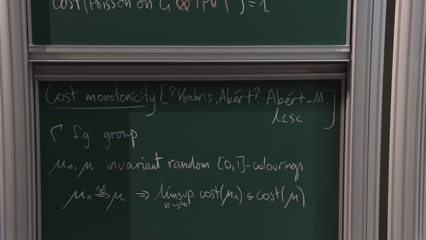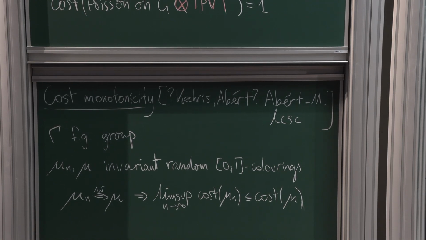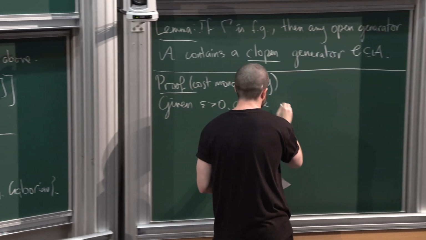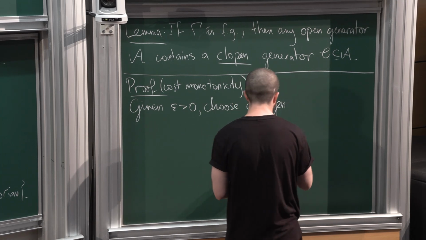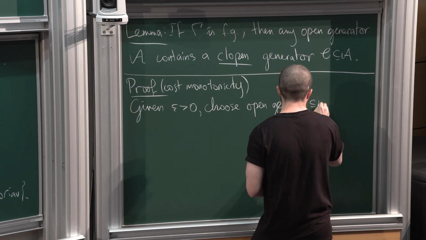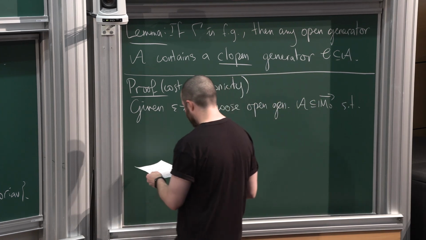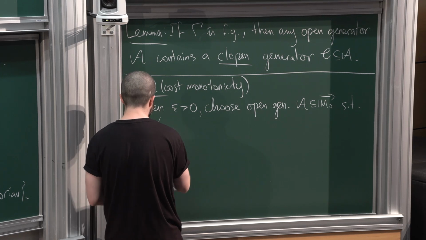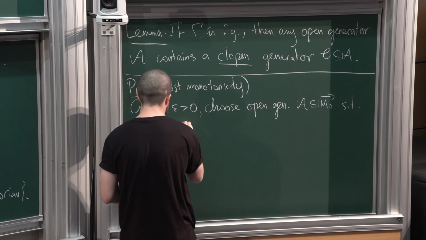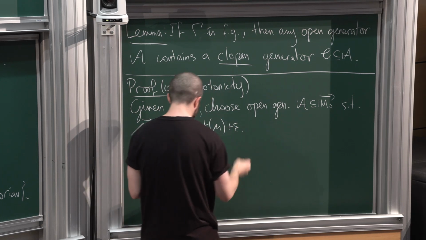Okay, so given epsilon greater than 0, I want you to choose an open generator which is close to computing the cost of the limit, such that the arrow measure of this guy is at most the cost of mu plus epsilon.